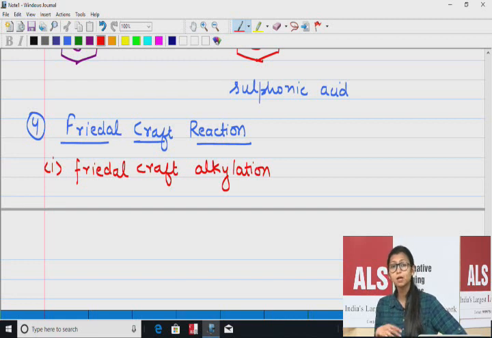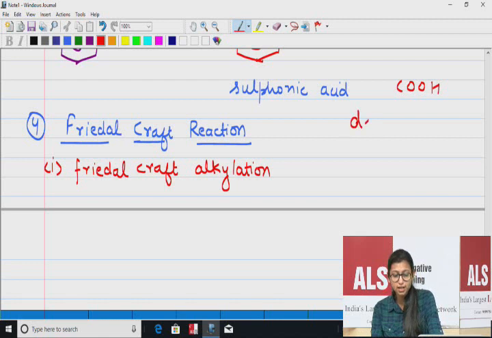If I am saying carboxylation, what does that mean? It means the addition of the carboxylic group. Carboxylic group is something like COOH. You have heard about the carboxylic acids. So addition of carboxylic group is carboxylation.